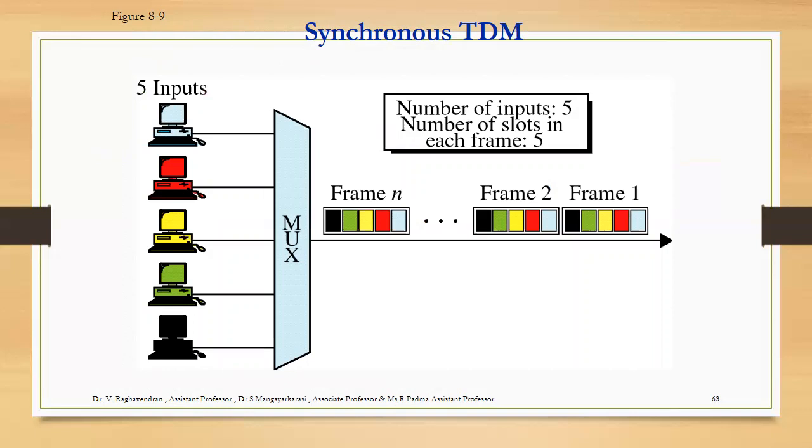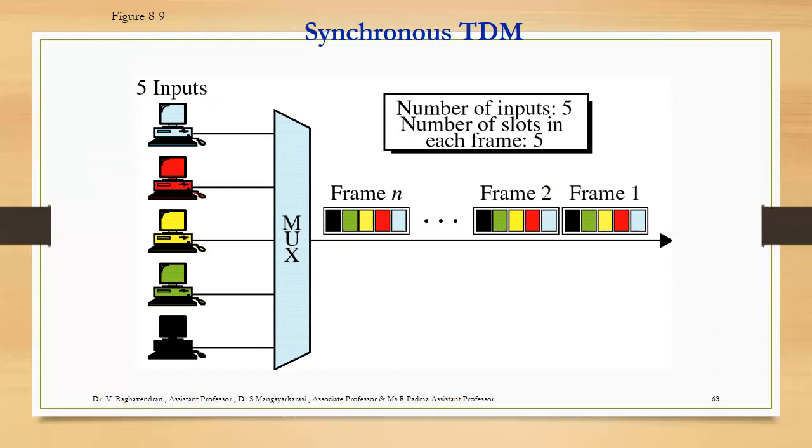So this is an example of synchronous TDM. Here I am going to use 5 different devices, that means 5 inputs. They are represented in different colors for identification. Device 1 is blue, another is red, then yellow, green and black. All 5 inputs are combined to generate a single time division multiplexed stream. The number of inputs is 5, so the number of slots in each frame is 5, because the slots are received from 5 different devices.